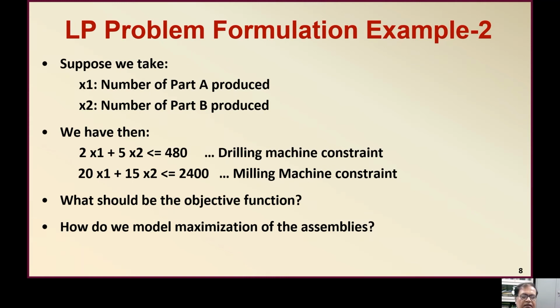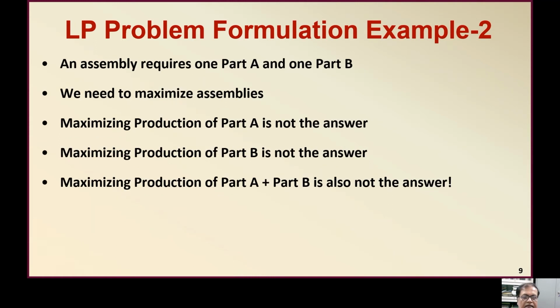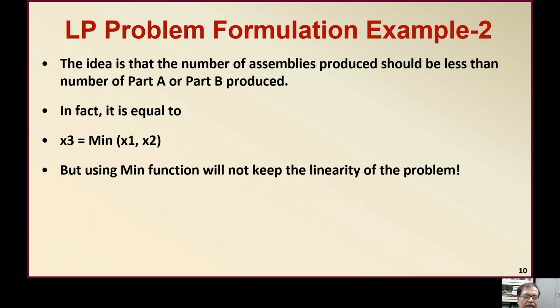There is a problem in this. What is the problem? See, everything is fine, but it is not a linear programming problem. Linear programming requires that the objective function should be linear and constraints should be linear. Here both the constraints are linear, no issue in itself. But is this a linear function, x3 equal to minimum of x1 and x2?